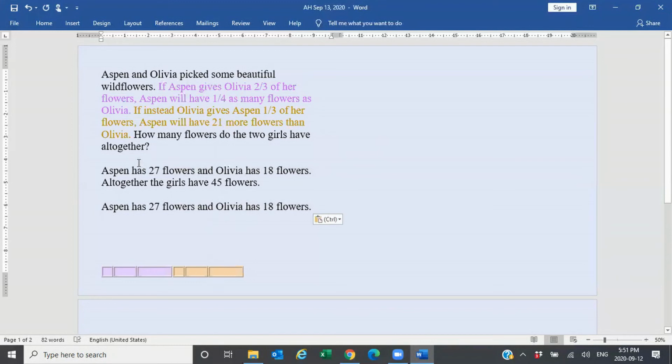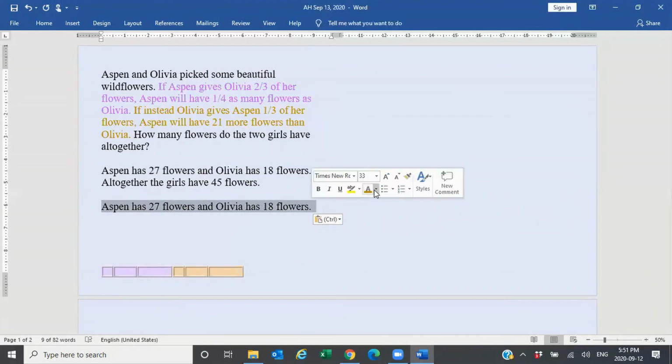It says Aspen has 27 flowers and Olivia has 18 flowers, as we know. Now it says if Aspen gives Olivia 2/3 of her flowers, Aspen will have 1/4 as many flowers as Olivia. Okay, so now we're going to do the purple statement. Since it's the purple statement, I'll make it purple.